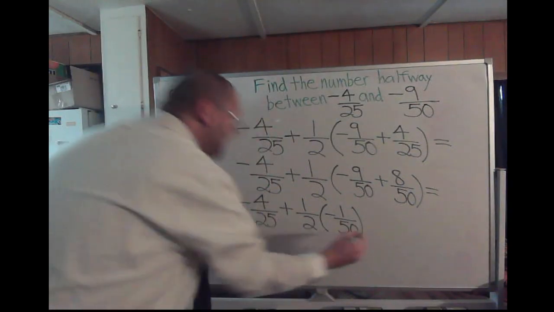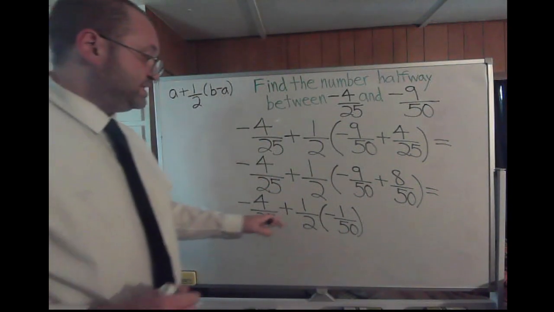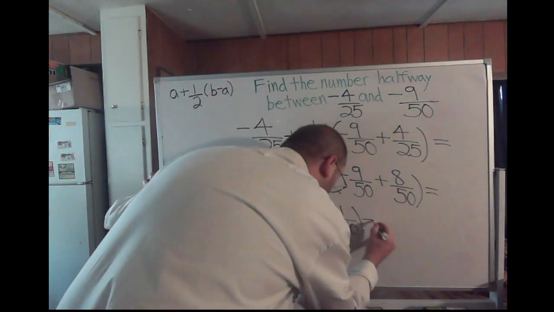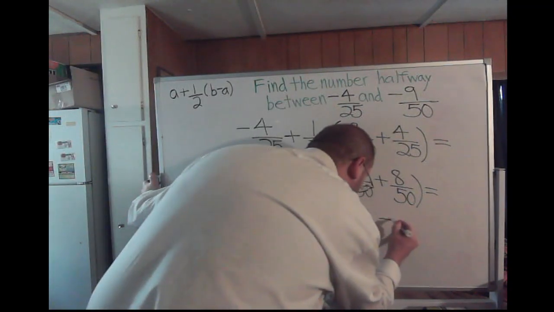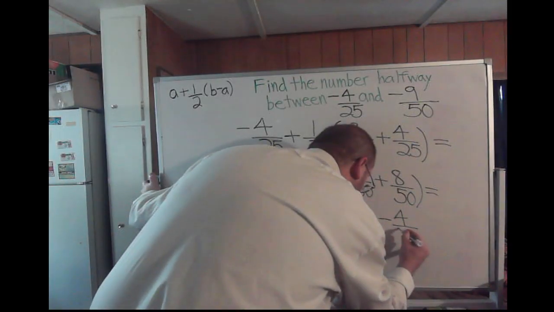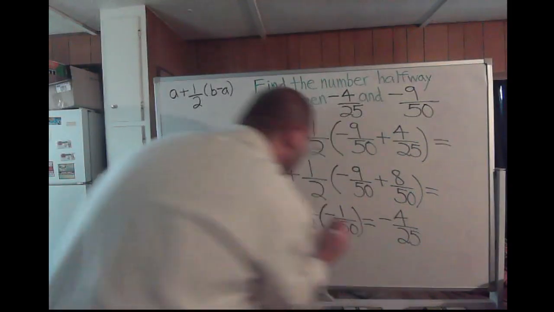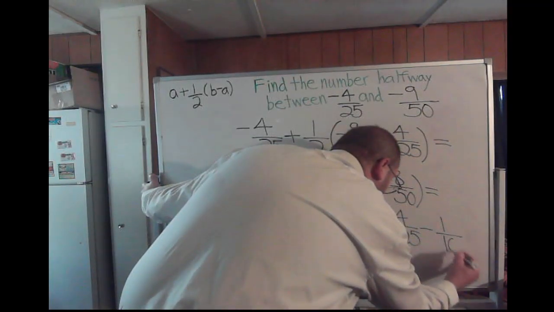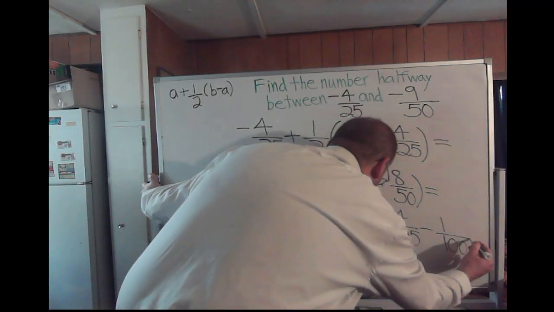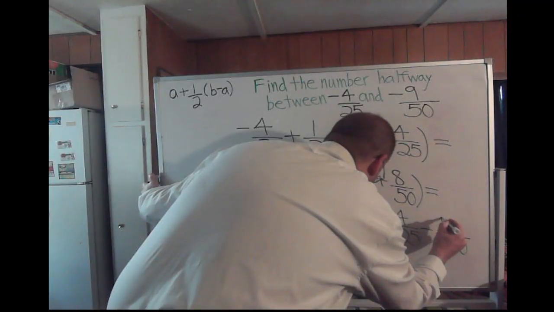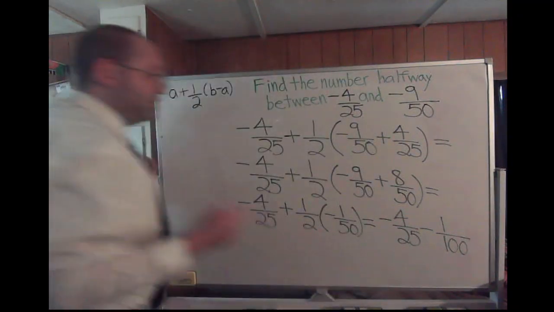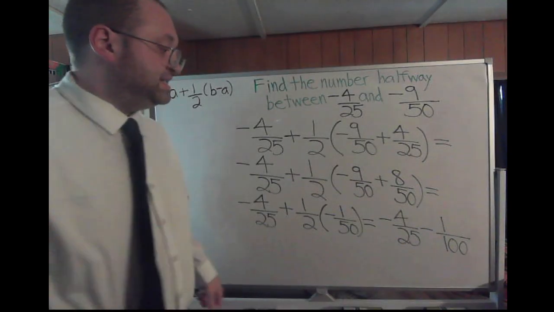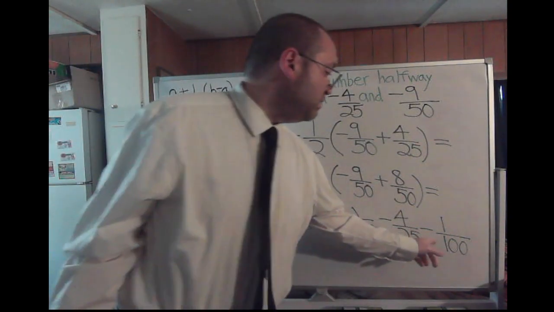What this just became was negative 4/25 plus 1/2 times negative 1/50th, which would end up turning into negative 4/25, then minus 1/100th. So what we have now is negative 4/25 minus 1/100th.